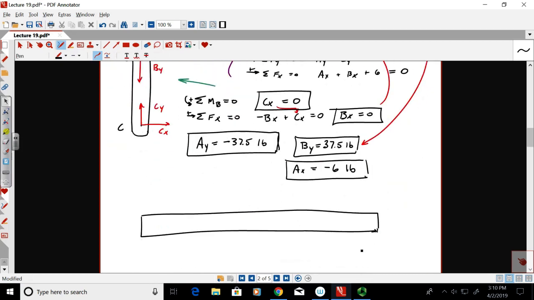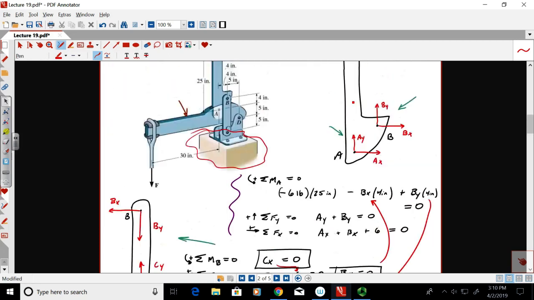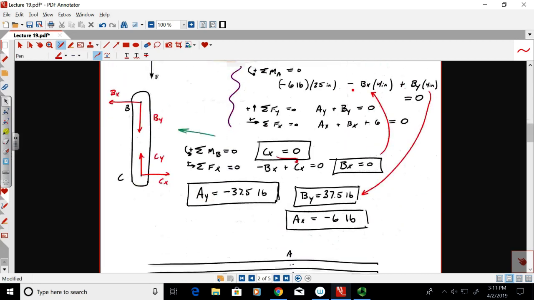So I have point A here, and then down here I have point D like this, and then I have the end of the bar. On the end of the bar here, I have this force F, like that. And then I have point D, which is like this.